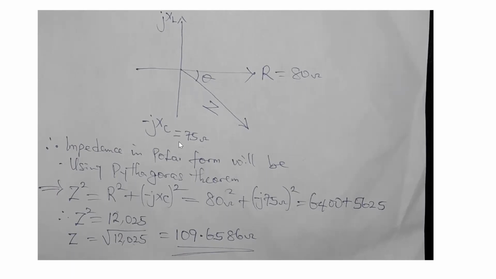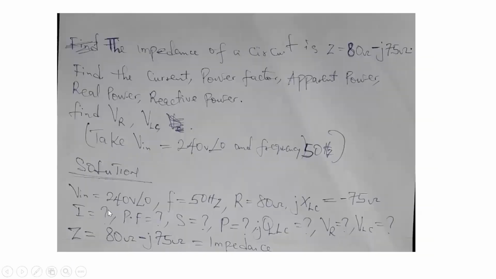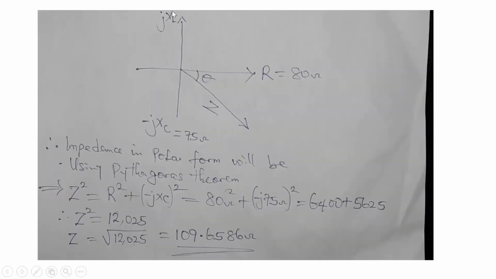So why I have to write this minus 75 here is that from what they gave us here, this minus shows that after combining the two resultants, jXL and jXC, we have the remnant being at the negative side, which is more capacitor.